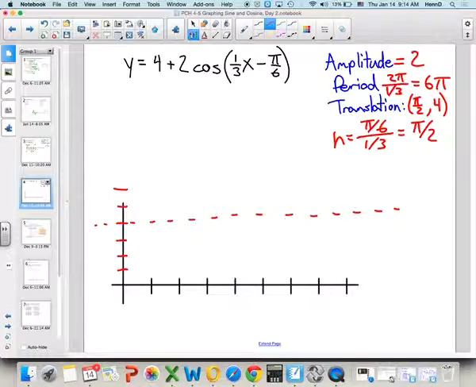So I also need pi over 2 as my starting point. So I'm going to make this pi over 2, and that means each thing on here is going to be pi over 2.